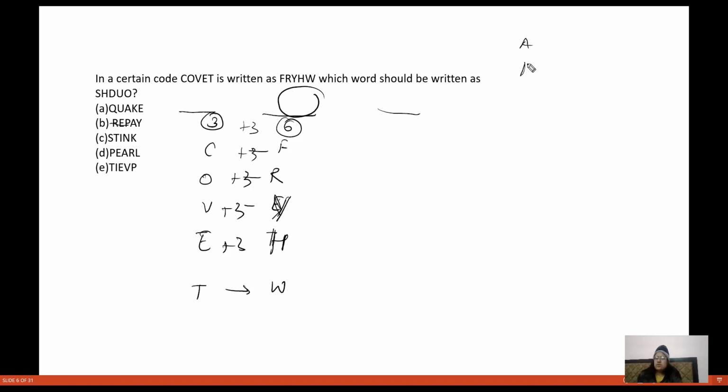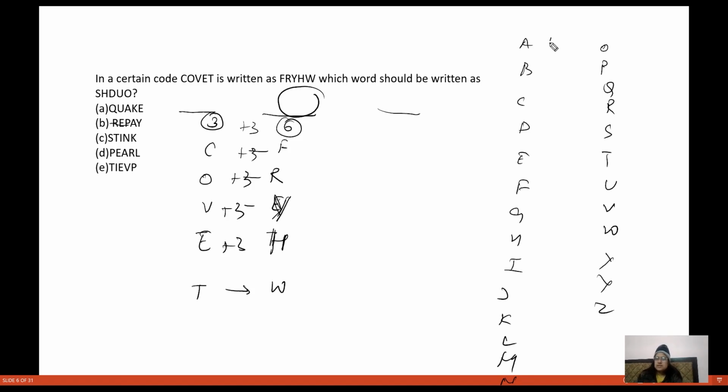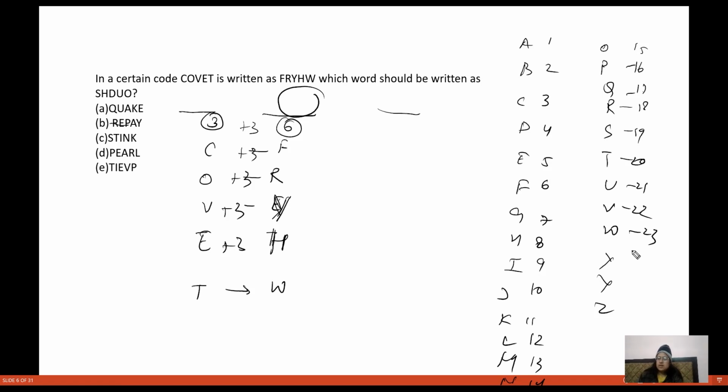So what are we doing? A, B, C, D, E, F, up to O P Q R S T U V W X Y Z. This is 1, 2, 3, 4, 5, 6, 7, 8, 9, 10, 11, 12, 13, 14, 15, 16, 17, 18, 19, 20, 21, 22, 23, 24, 25, 26.